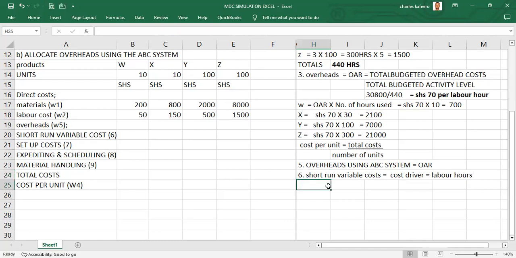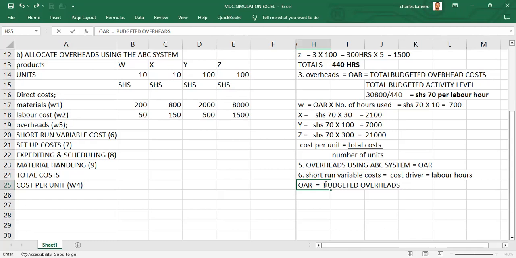So after identifying the labor hours, the next step is to get the OAR. To get the OAR, it is going to be the total budgeted overhead costs for the short run variable costs.